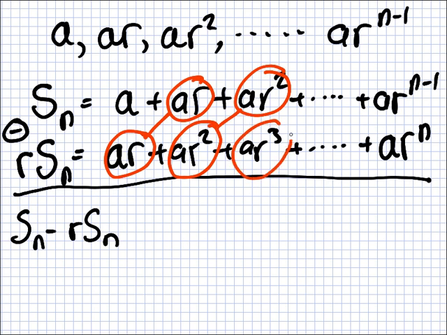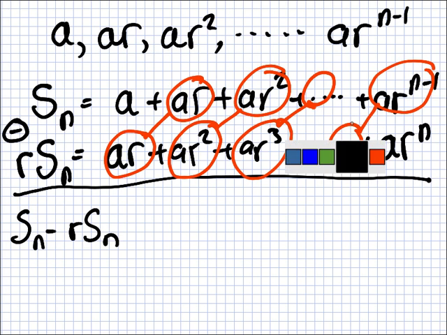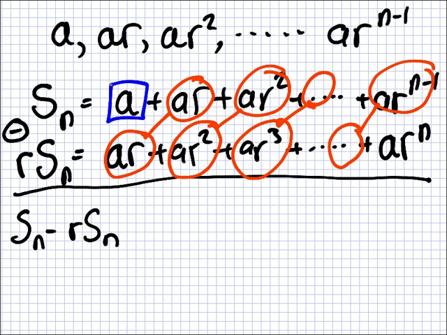And likewise the ar cubed terms cancel. Can you see how the diagonals cancel? There's actually only two terms which don't have a partner to cancel: the first one here, and the last one here. So this will be equal to a minus ar to the n.